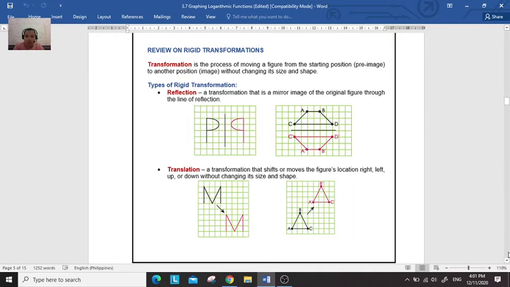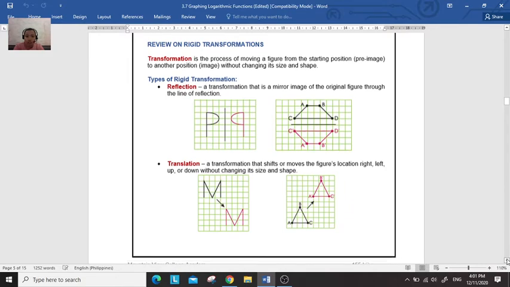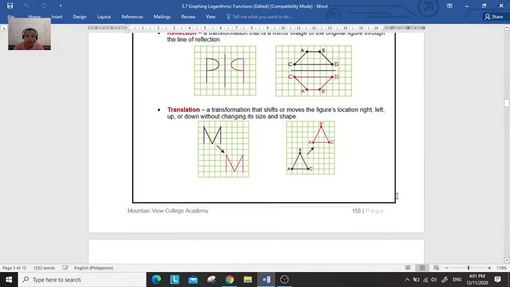Let's go forward to another type of rigid transformation, and that is translation. The meaning of translation is a transformation that shifts or moves the figure's location right or left, up or down, without changing its size and shape. So for example, this is the pre-image.